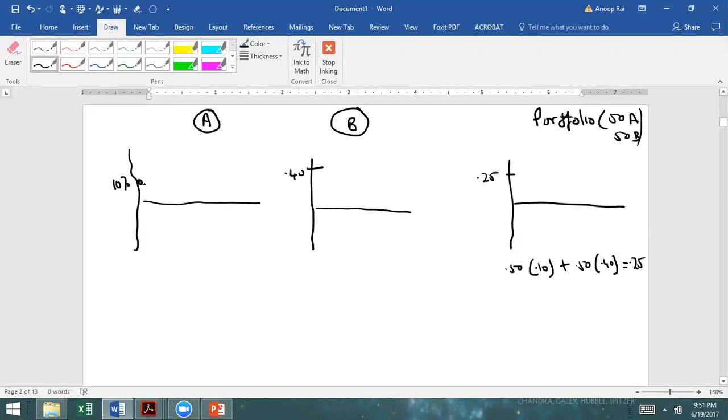Now let's say the following year, the economy tumbles, and this stock comes to a -5%. This one actually goes the other way and goes up to about 55%. So one stock went up, one stock came down.